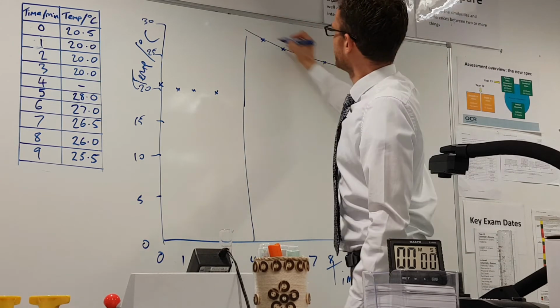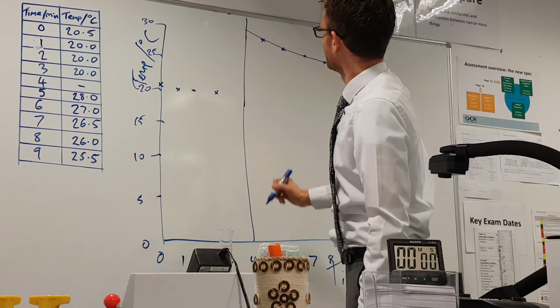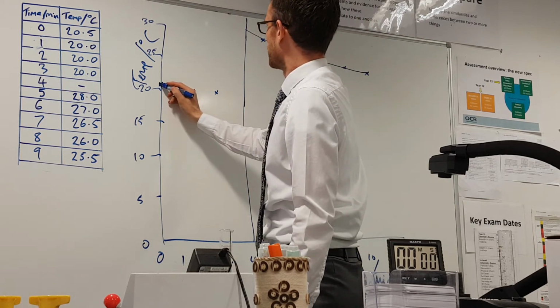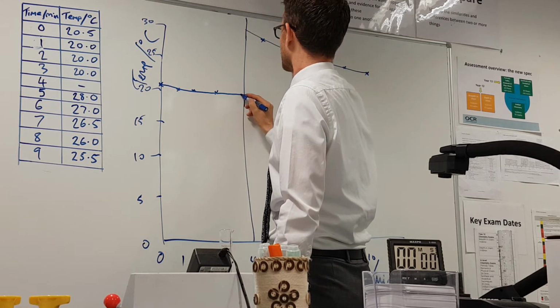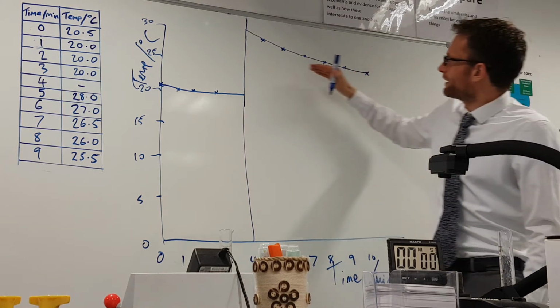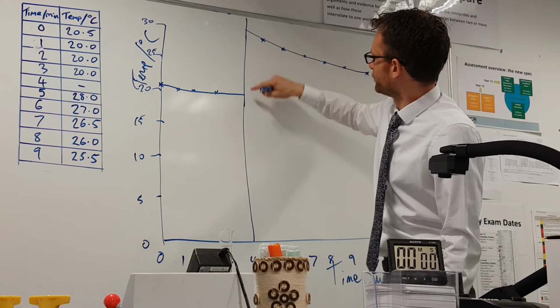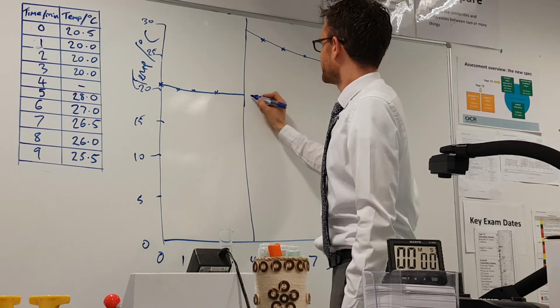I've drawn a straight line of best fit until it hits the vertical line from 4 minutes, okay? And I could fill this in for completeness.